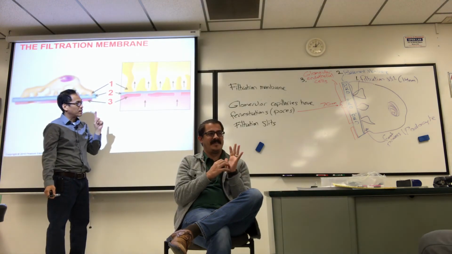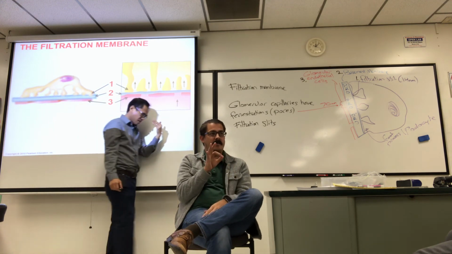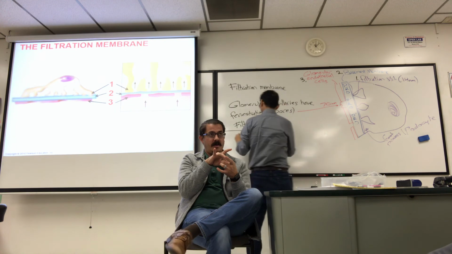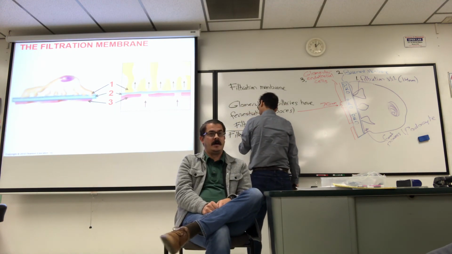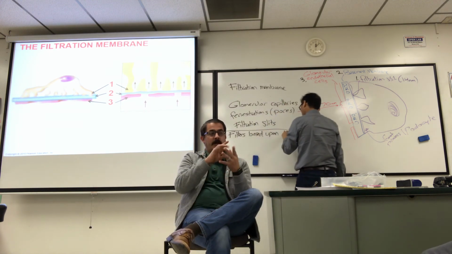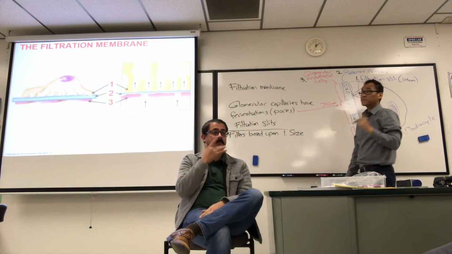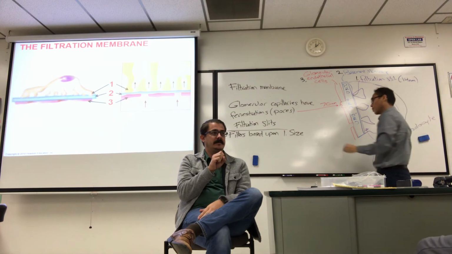So the filtration membrane favors the filtration of, well, I'll say this, it filters based upon number one, size. Well, it favors the filtration of small things, right? Small things, not large things, can make it through.